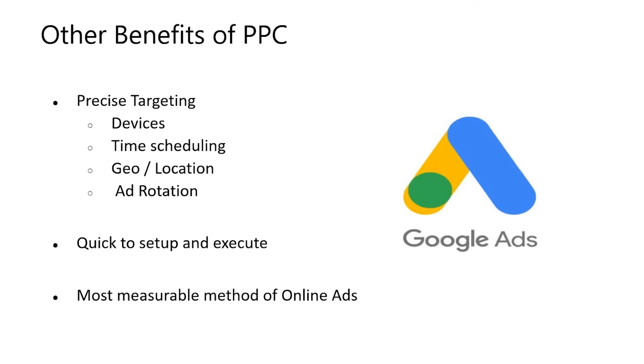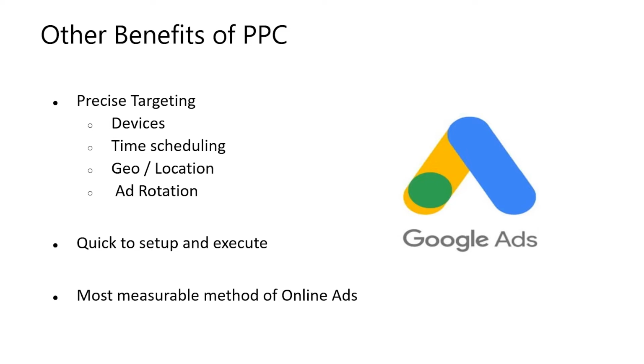So there are multiple key performance indicators or metrics that you can track using Google Ads to give you an almost real-time performance report of all the campaigns that are running in your ad account on Google.